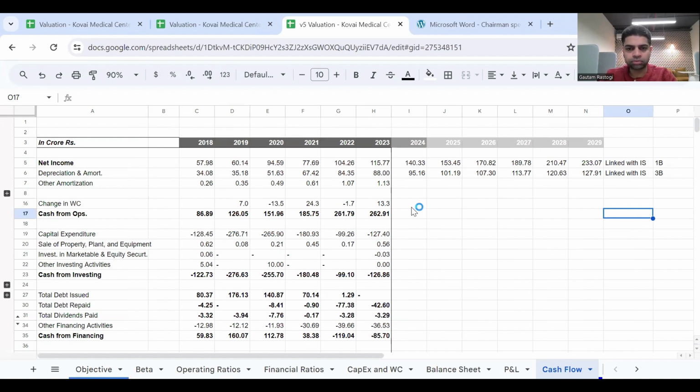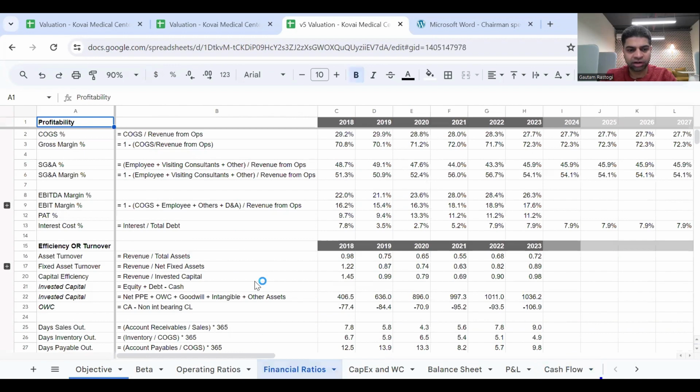Okay. All right. Change in working capital. Change in working capital has to be netted. So it's a cash outflow, so to speak. So let's go to our financial ratio sheet.